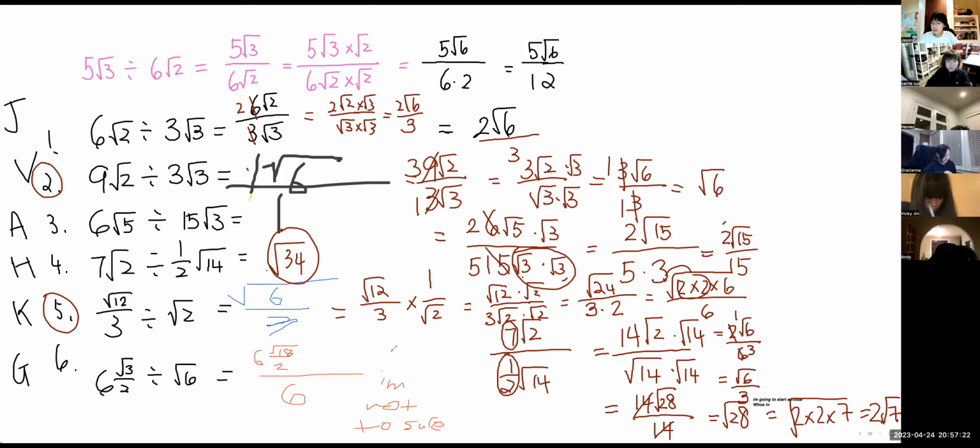Let's take a look at this one because Kelvin, I give you an example: when you divide something, it just equals times 1 over this thing. Correct, Graciana? So it's 6 square root 3 over 2 times 1 over square root 6.